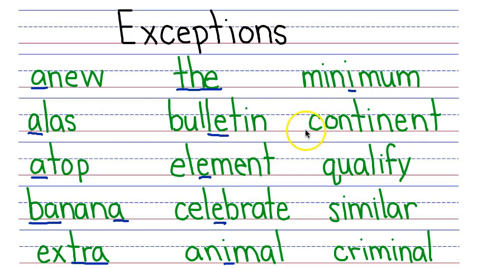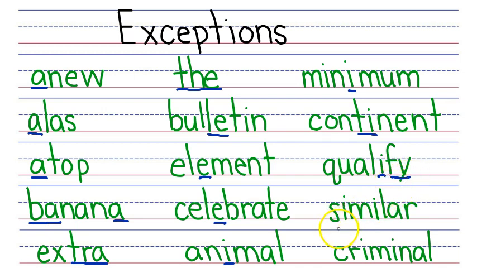Next word, continent. First syllable con, second syllable ti, third syllable nent. The only open syllable is the second syllable. Next word, qualify. First syllable qual, second syllable i, third syllable fy. This word has two open syllables, the second syllable and the third syllable.